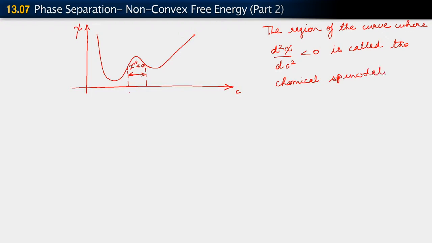Okay, that's called the chemical spinodal. This region is called the chemical spinodal. Now, what happens here is the following.